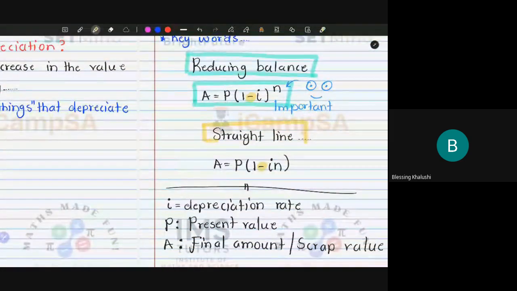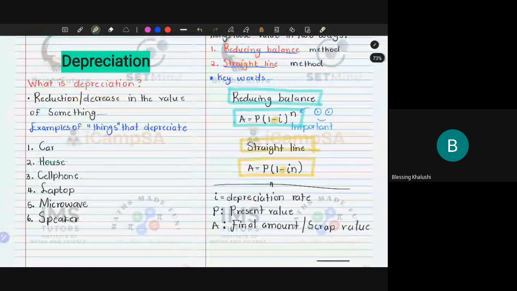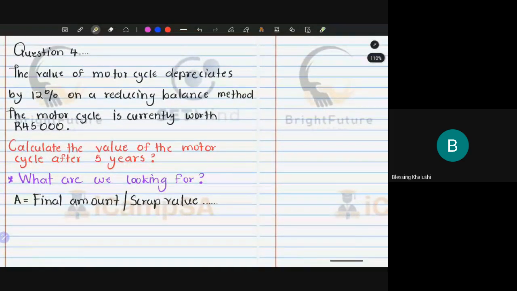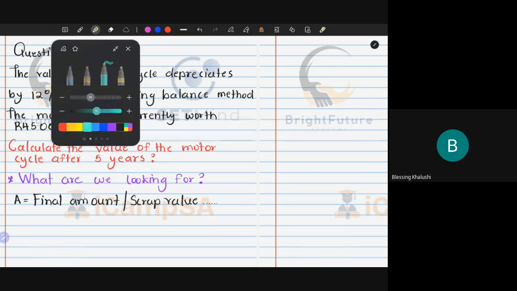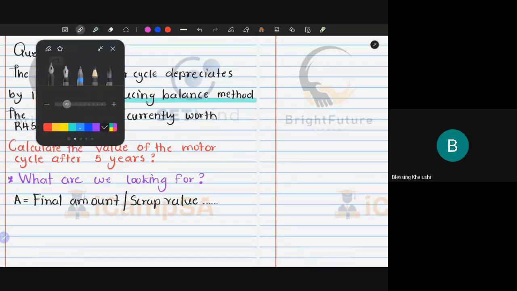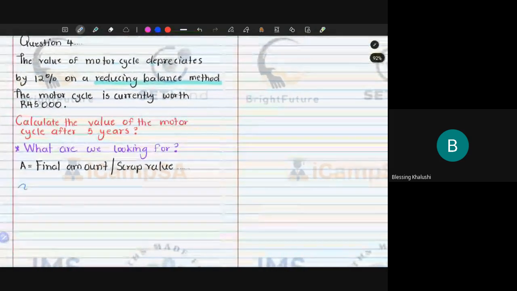So once they say straight line, this is the formula which we utilize.